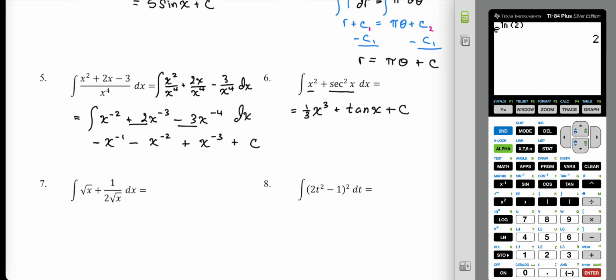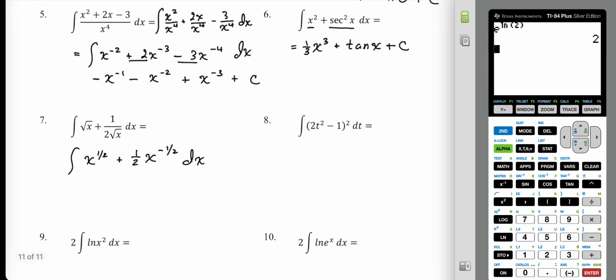All right, number 7, I'm going to rewrite first. X to the 1/2 plus 1/2 x to the negative 1/2. So just a rewrite first. Then increase your exponent by 1. All right, so 1/2 becomes 3/2.